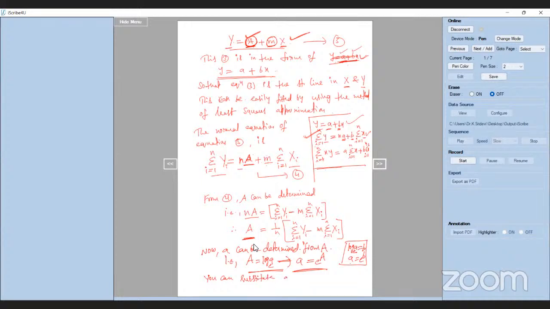Now you can substitute A value in y is equal to A into x to the power m. After substituting A value in this one, we can say that this is the required form which is to be fitted to the given data.